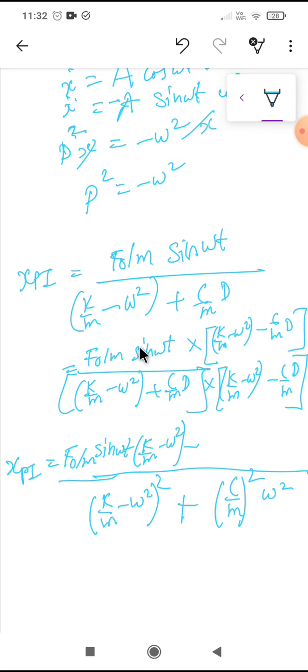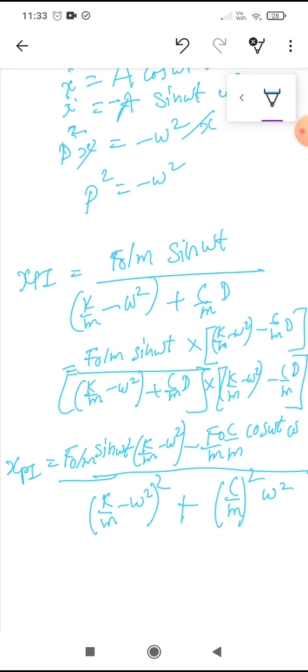So we're left with F0 by m, this is constant and this also is constant, that is c by m into D sine omega t. The derivative of sine is cos, so that is cos omega t, and omega will come out.